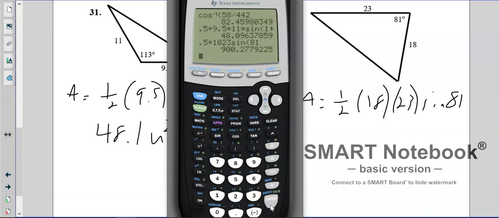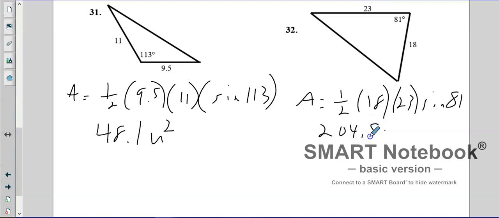And that gives me, I did something wrong. Oh, I missed my times there. So 0.5 times 18, I guess that didn't register, times 23 times sine of 81. Something looked wrong. There we go. 204 rounded up to 0.5. So 204.5 units squared, and that's it.